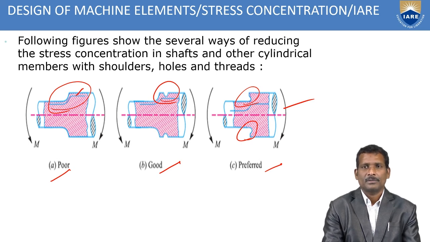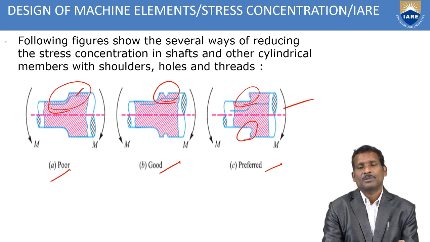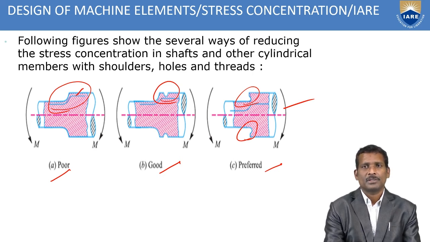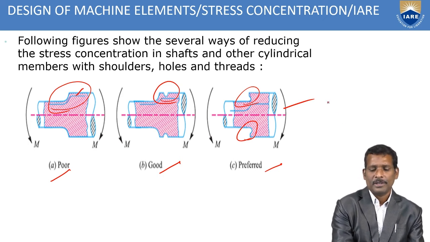The main aim of reducing the stress concentration is to reduce the flow line area, or equally reduce the space between these two stress distribution lines or force carrying lines. Otherwise, minimize the flow line bend. Clear? Here, the flow line bend.